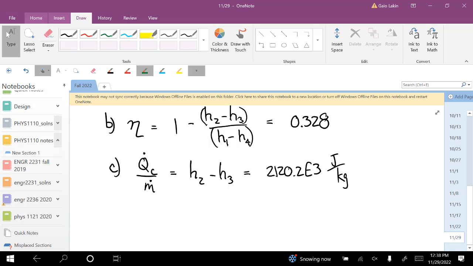So H2S, the ideal state, would be smaller. So QC ideal would be less. Yeah, you're right.